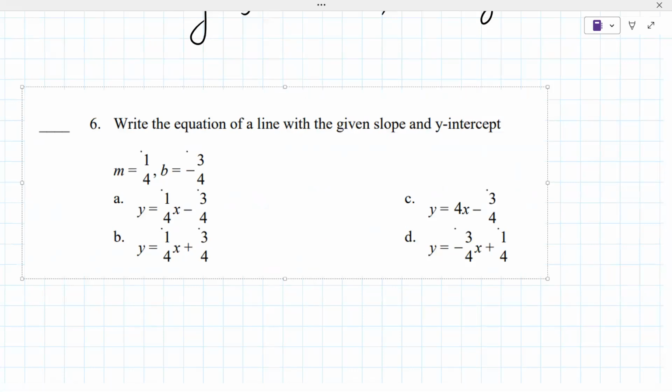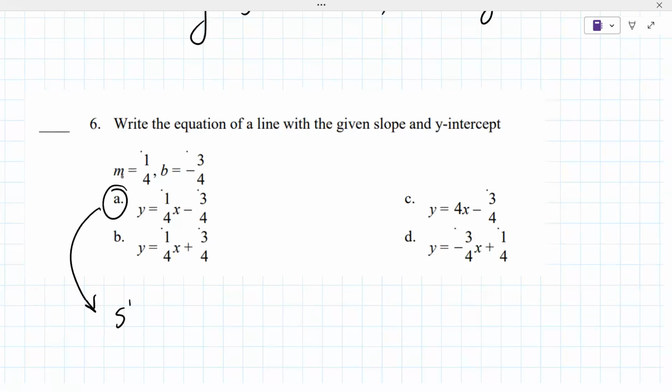Okay. A. All right. Now, could you put this in standard form, please?